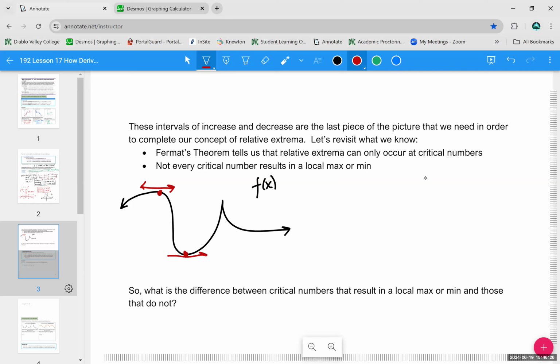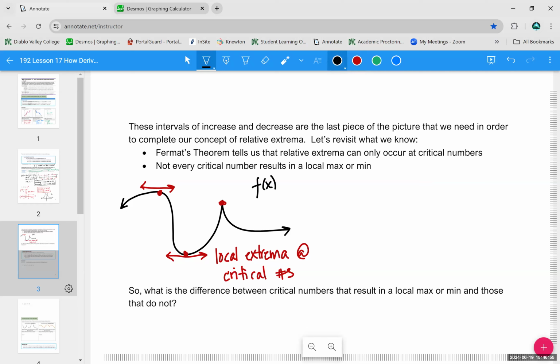It's also a critical number because the derivative would be 0. And I have a relative max here, which is also a critical number because the derivative would be undefined at that cusp. So here is a place where all of my local extrema are occurring at critical numbers.